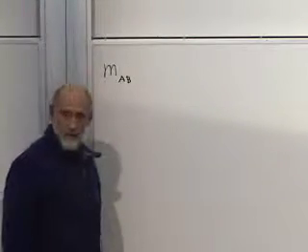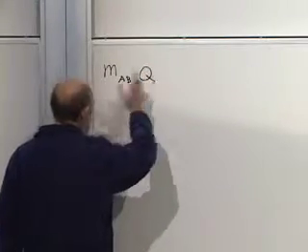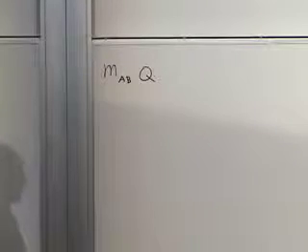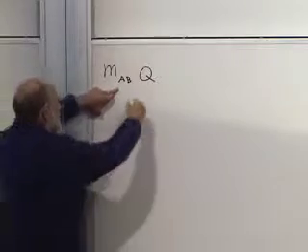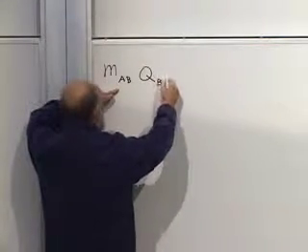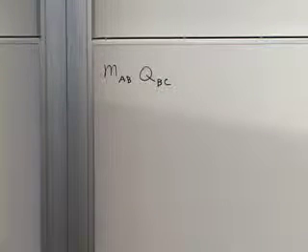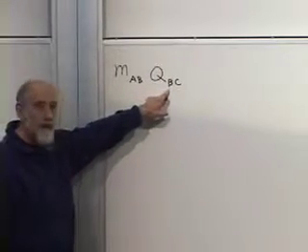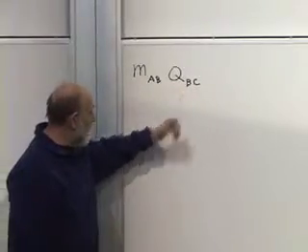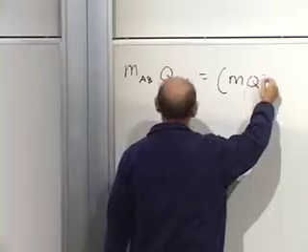Q? Q, okay. We're multiplying the matrix M by the matrix Q. The way that you multiply it is you put MAB next to QBC, and then you multiply the entries and sum over the repeated index. That gives you the matrix product MQAC.